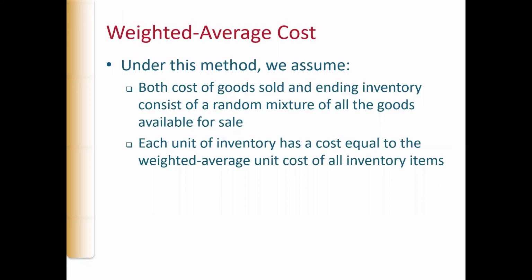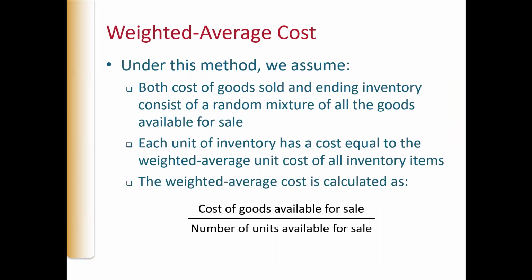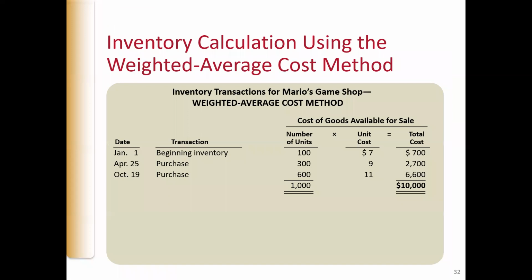Now there's another method. This is called the weighted average cost method. We're going to take all the units and come up with a weighted average of the inventory items. The way we do this is we take 100 units at $7, which means we spent $700 to purchase those units. 300 units at $9 means we spent $2,700 on the April 25th purchase.